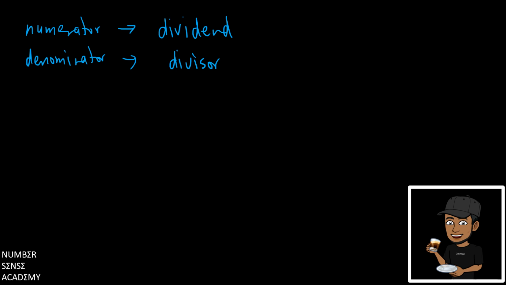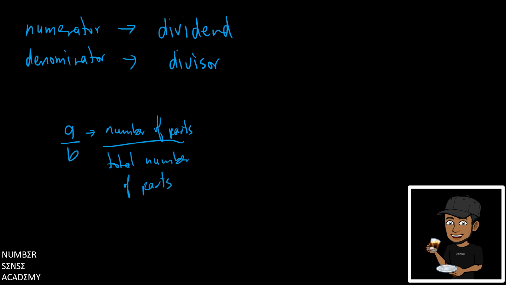And that tells you another important property of fractions, which is interesting. So we know that if I have a over b, a tells me the number of parts, and b tells me the total number of parts. But this b is also being divided into a, so I could write fractions as a divided by b.